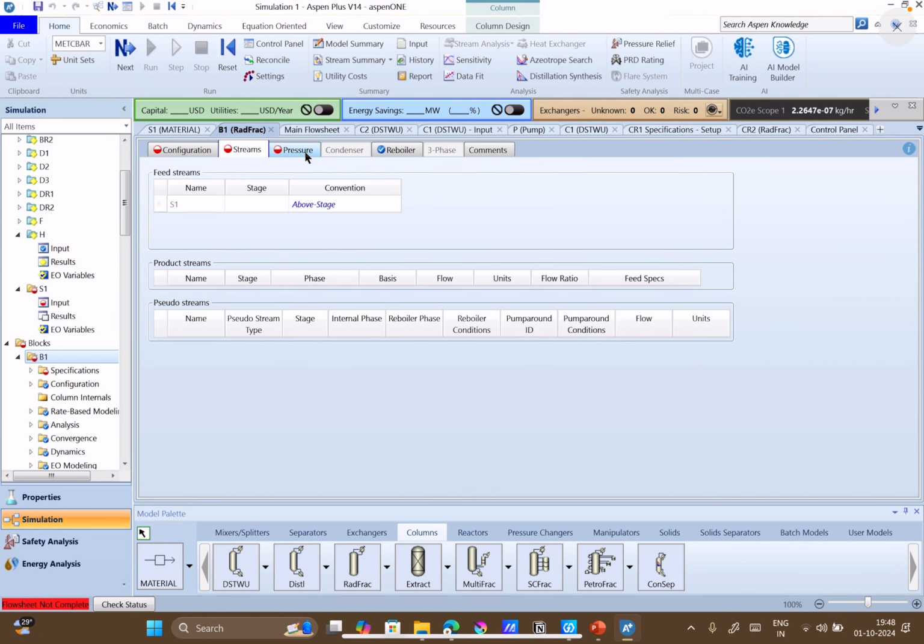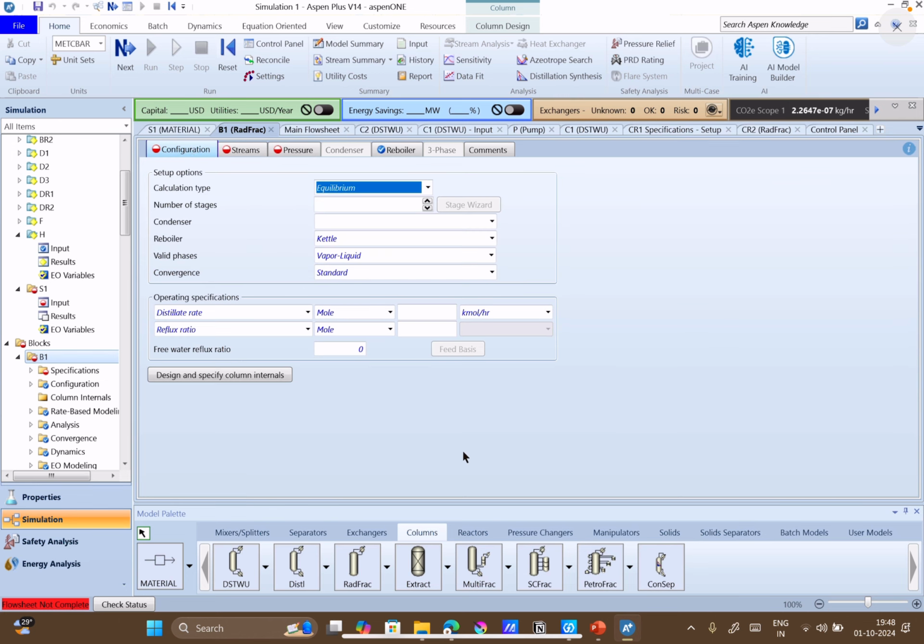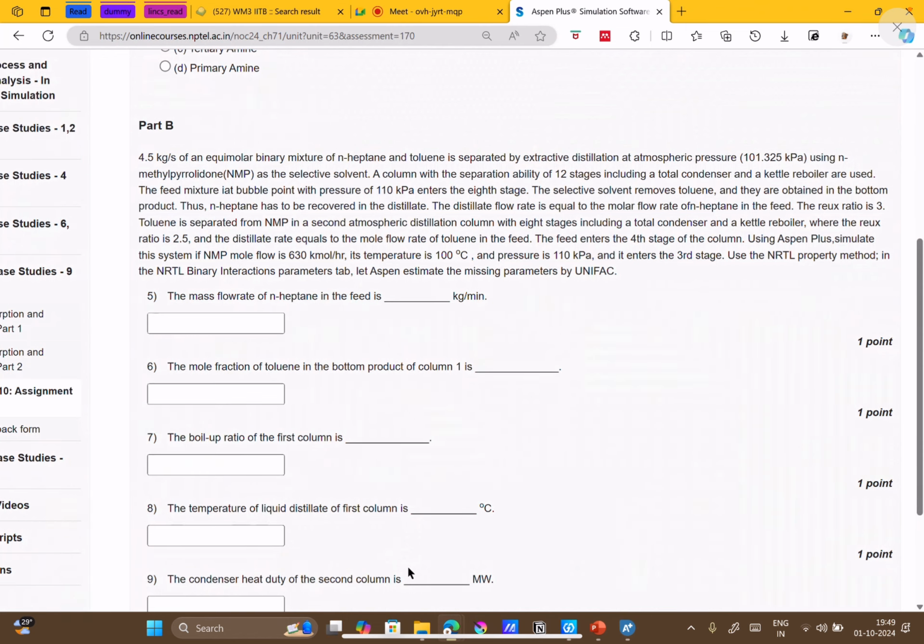You just click on pressure parameters. Pressure parameters, what do we have to bring? The pressure parameter for column. They mention stage 1, stage 2, but we don't understand what to fill there. Just a minute, stage 1. Heptane has to be recovered.